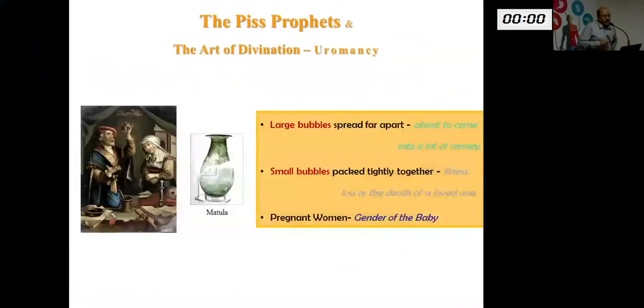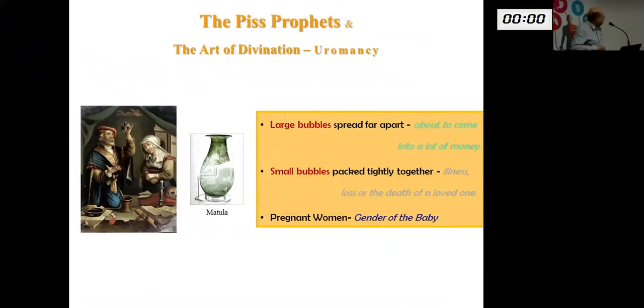So finally, we, the pee prophets, practice the 15th century art of divination, otherwise called uromancy. Large bubbles of urine seen in a matula, right here. This is again from the British Museum, 15th century.